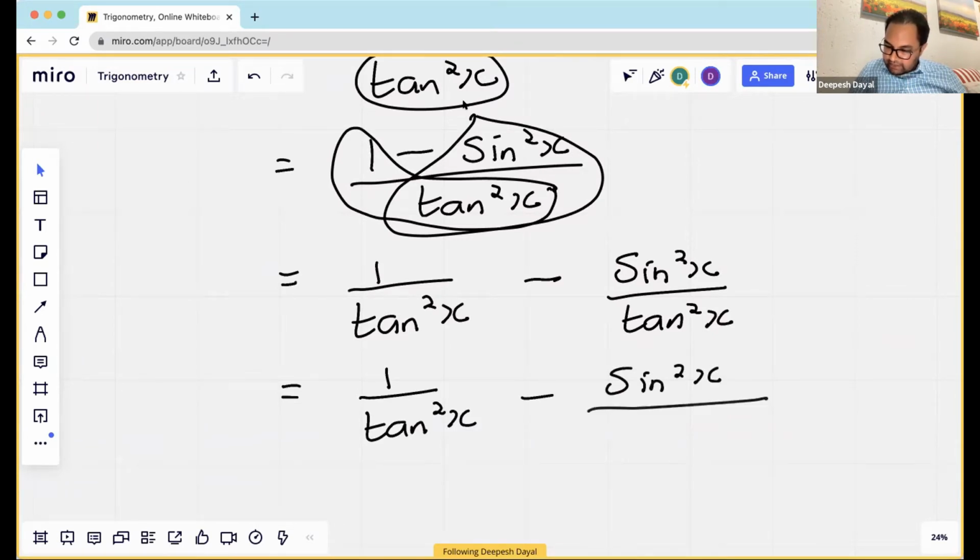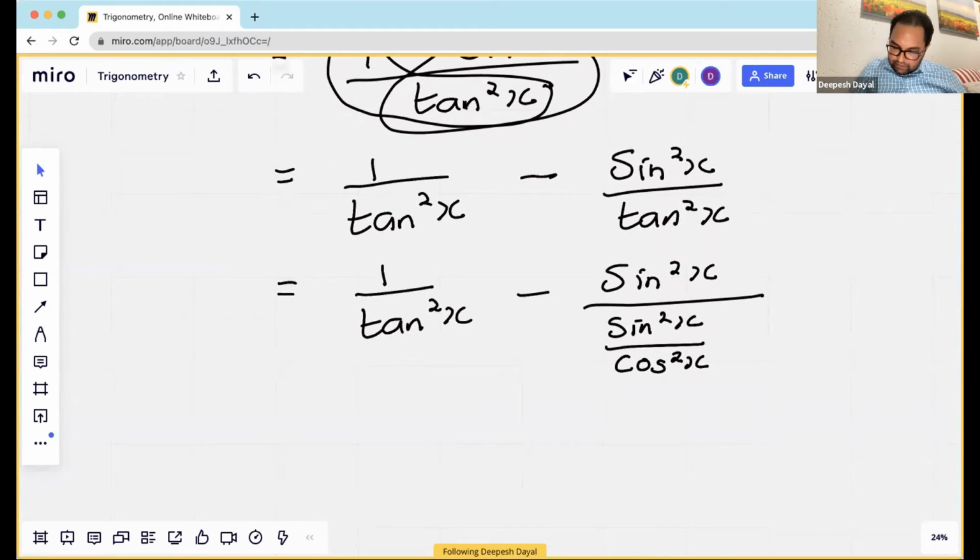And remember, tan squared x is the same as saying sine squared x over cos squared x. And then we finally do our identities and we get our solution. So it's 1 over tan squared x minus cos squared x over sine squared x. And then this cancels out, see? Then our final solution is 1 over tan squared x minus cos squared x. Can you see this is much more complicated than the previous one, right?